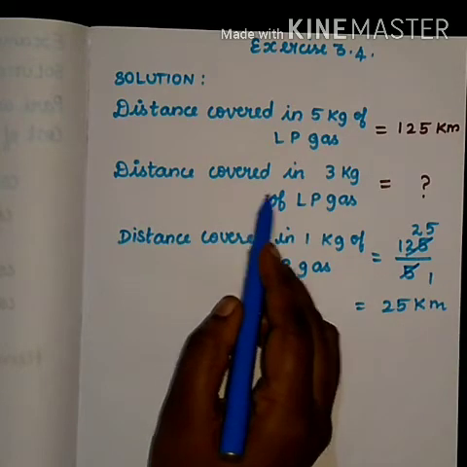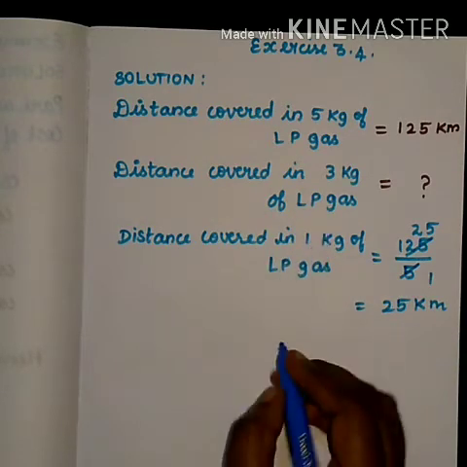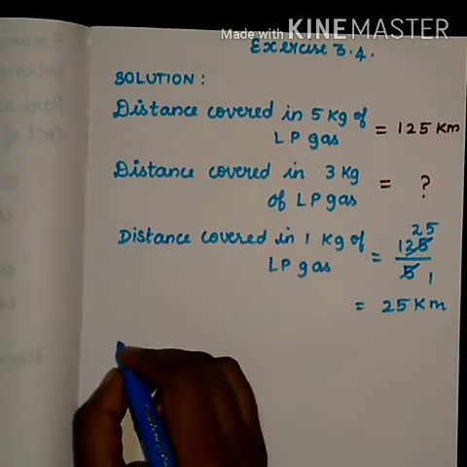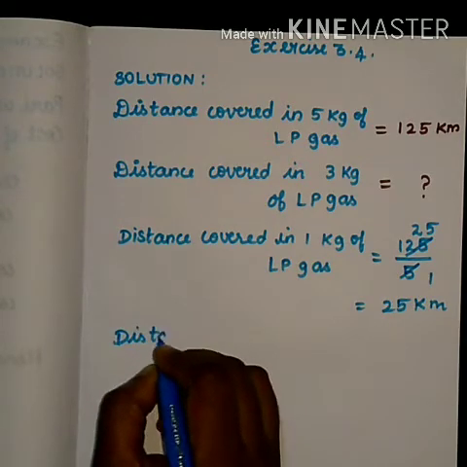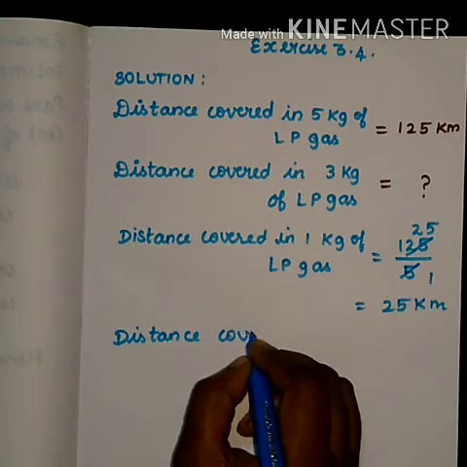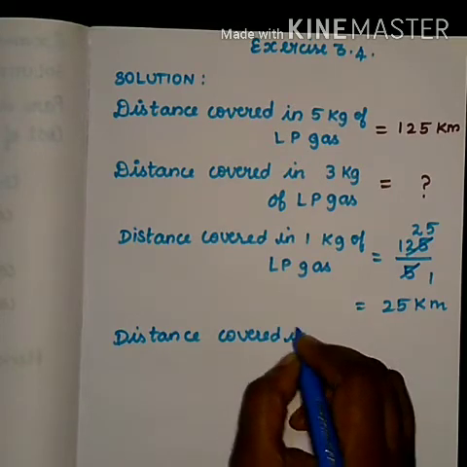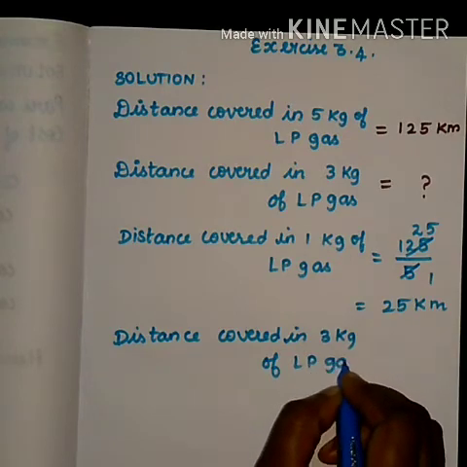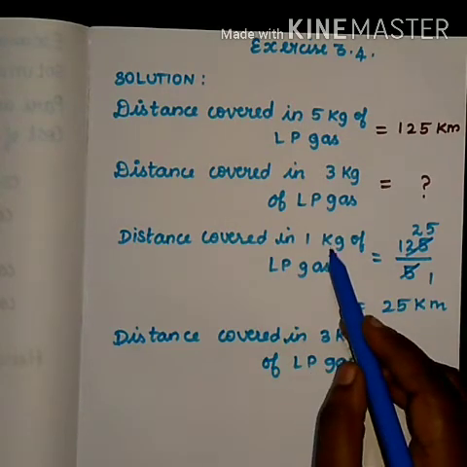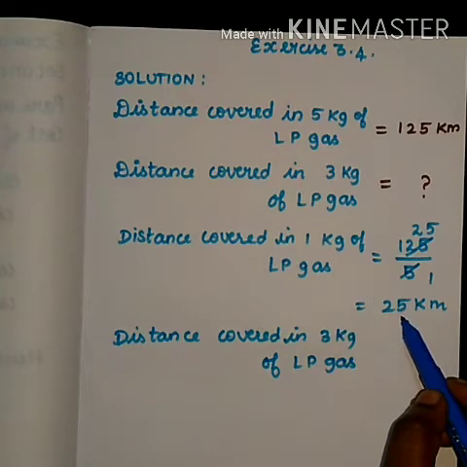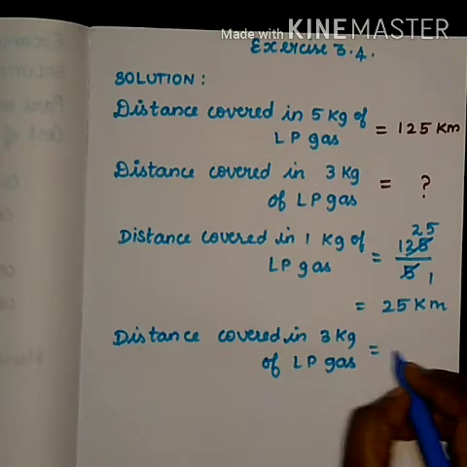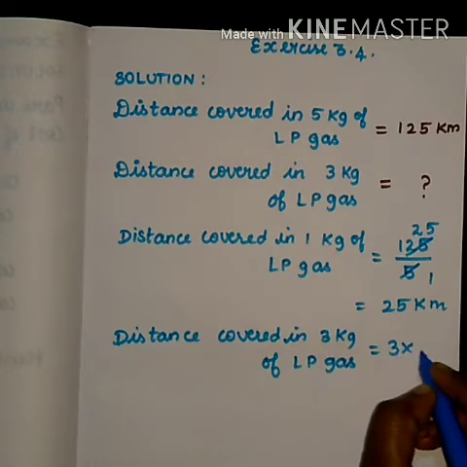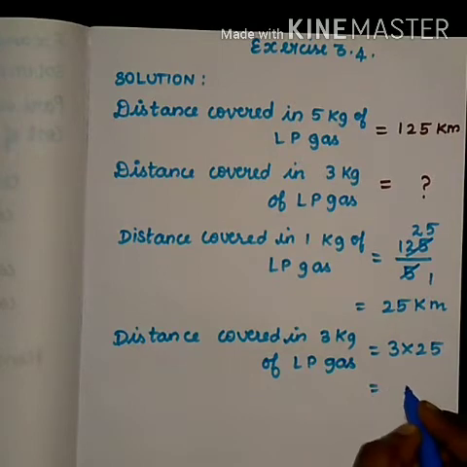Then the distance covered in 3 kg of LP gas: here we found the value of 1 kg of LP gas is 25 km. 3 kg means 3 into 25, that is 75 km.